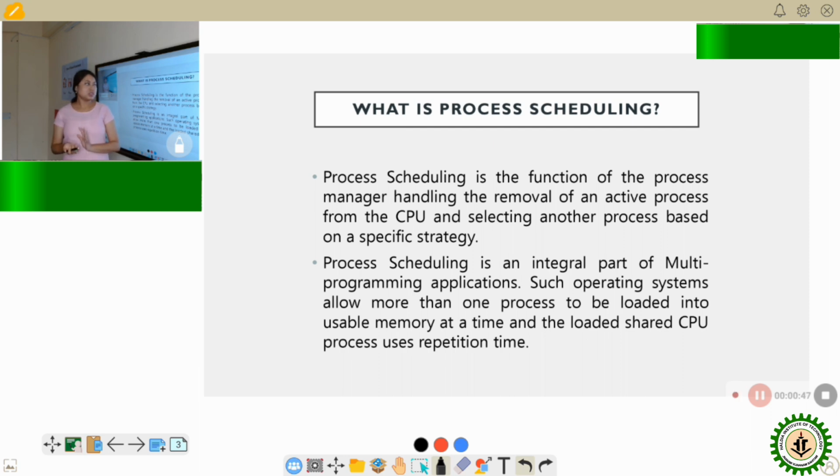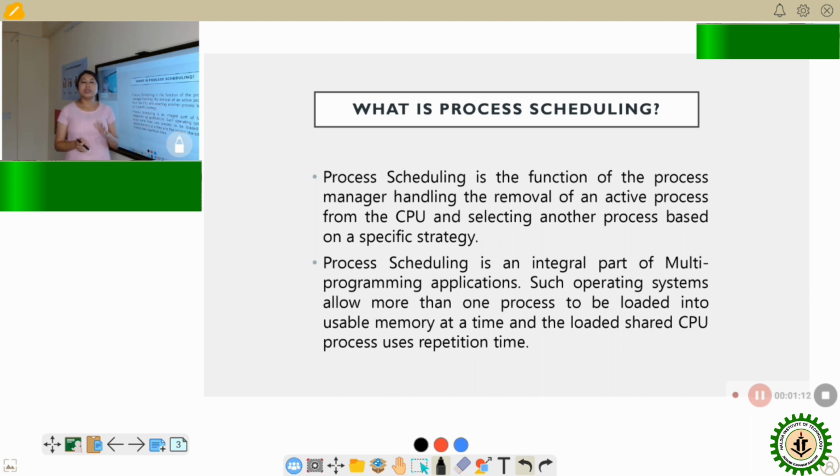So what is process scheduling? We know that process scheduling is the function of the process management. Okay, process management is a main part of operating system where we are scheduling different processes onto our CPU. It is an integral part of multi-programming operating systems.